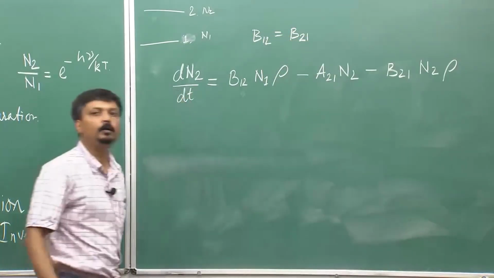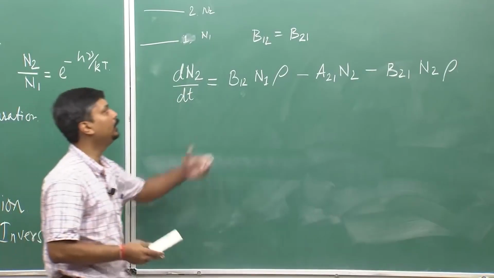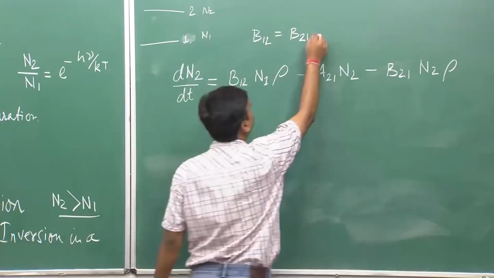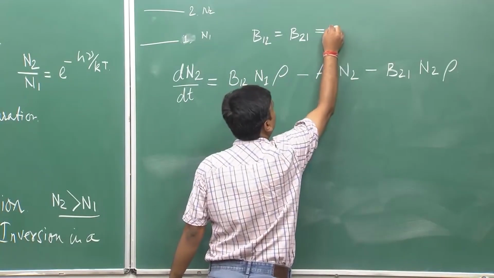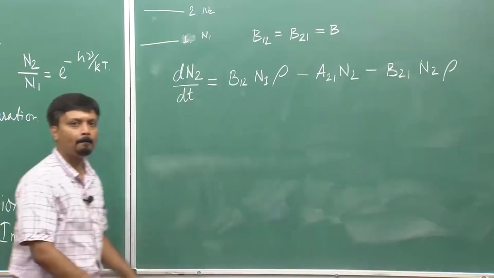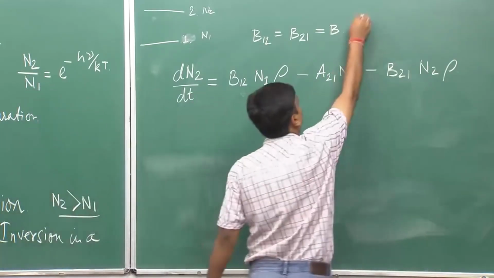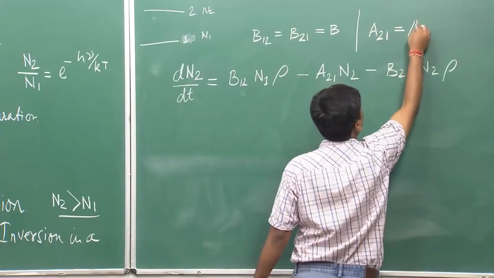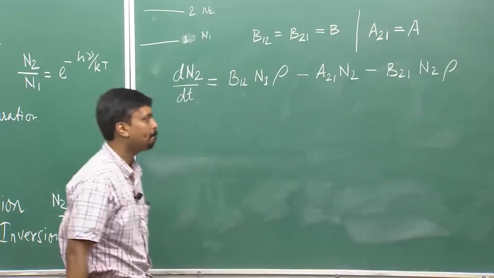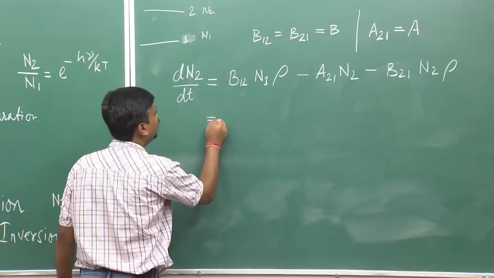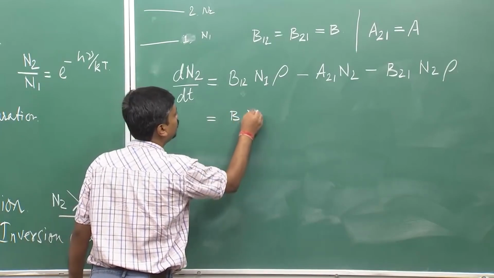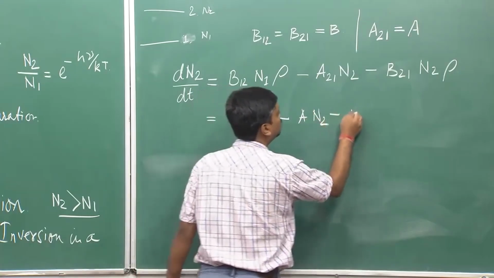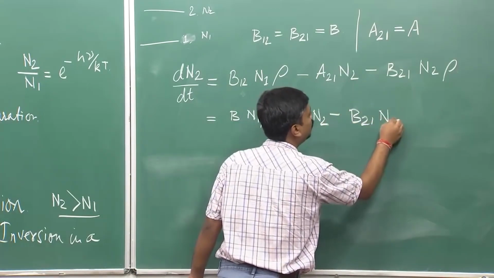If you remember the previous class, you have already seen this, correct? So, if I take B12 equals B21 equals B, and write A21 as just A, then I get B N1 rho minus A N2 minus B N2 rho.